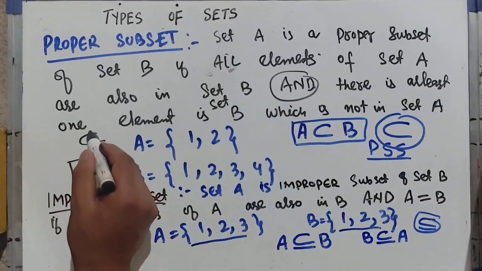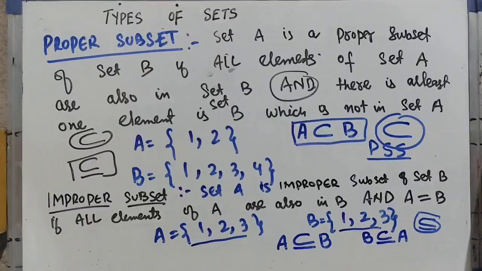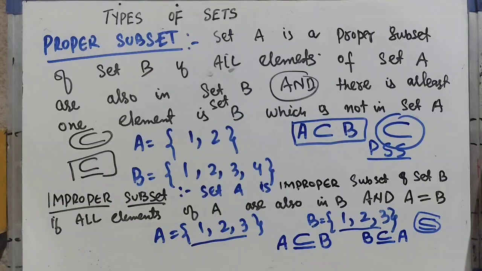This one is exclusively used for showing the proper subset, and this symbol represents any subset, including the improper subset. So if I say A contains elements 1, 2, and B contains elements, let us say 1, 2. I don't have the space here, so I hope you got the idea of what I meant by this.